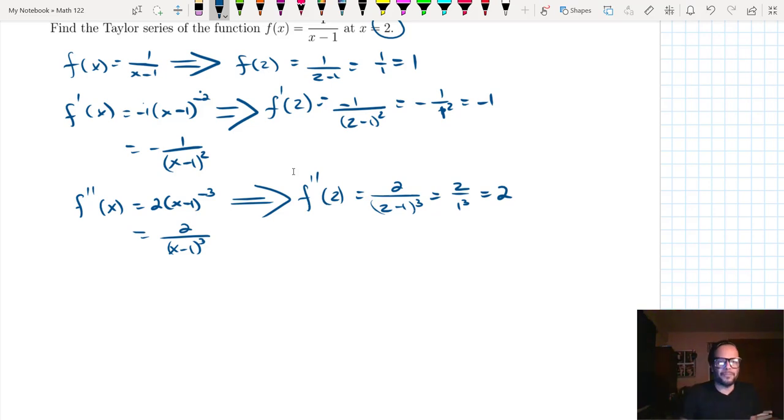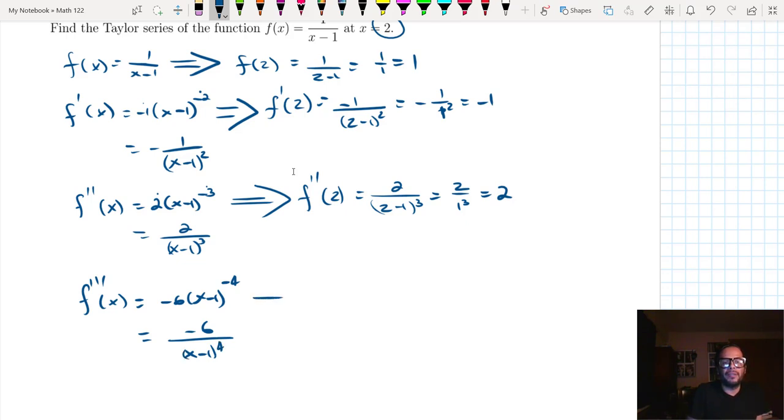Just 3 derivatives is enough to obtain 4 terms, and then you'll see what we do. f triple prime: negative 3 times 2 will be negative 6 times x minus 1 to the negative 3 minus 1, negative 4, which is equal to negative 6 divided by x minus 1 to the fourth power, evaluated at 2, the center point.